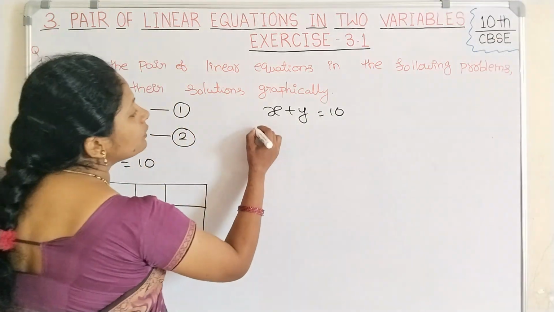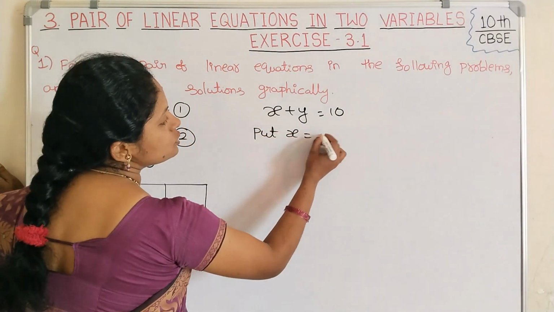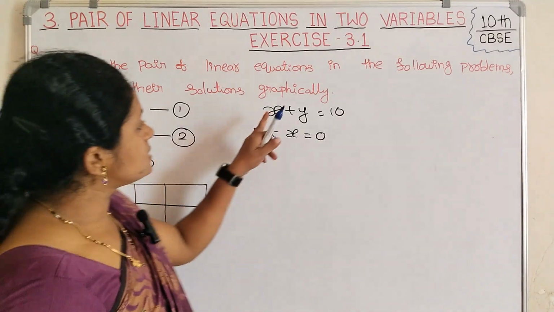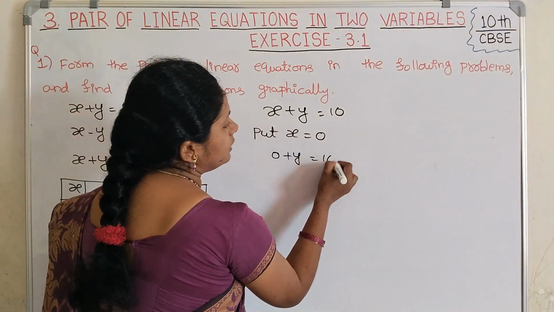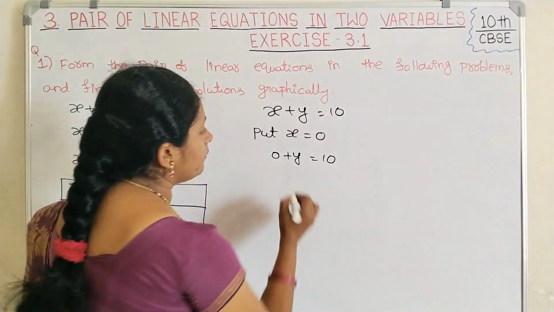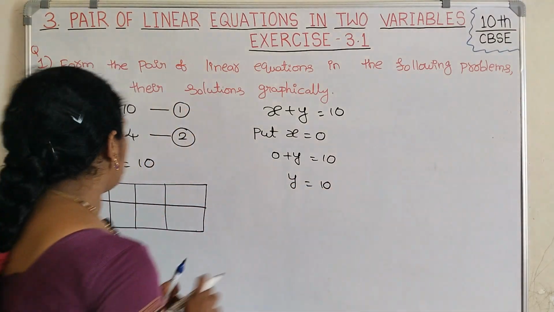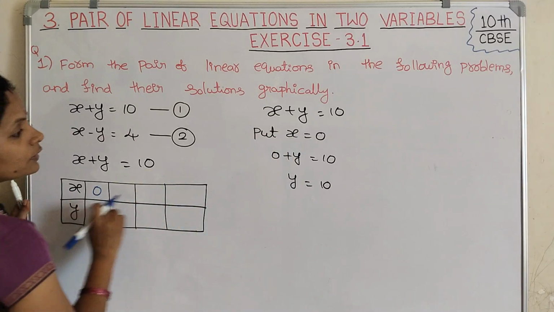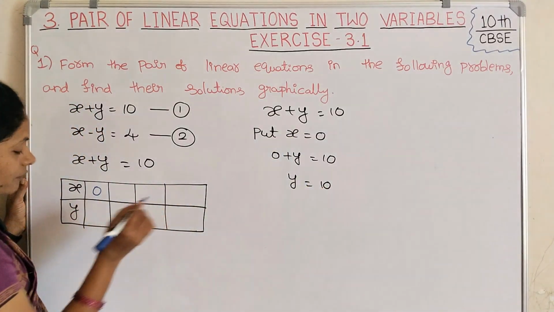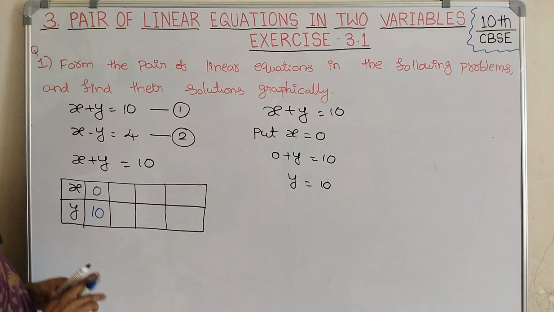First, we will put x equals 0. If we put x equals 0, then 0 plus y equals 10, so y equals 10.